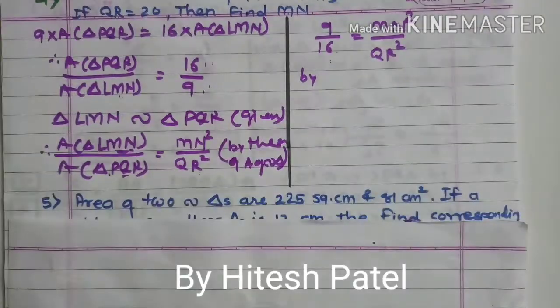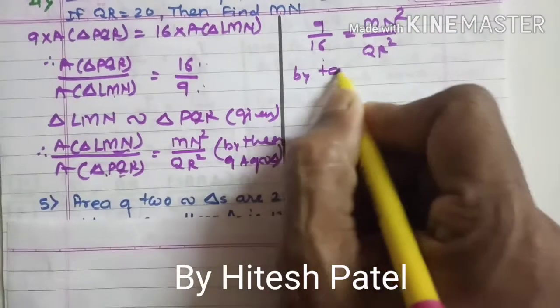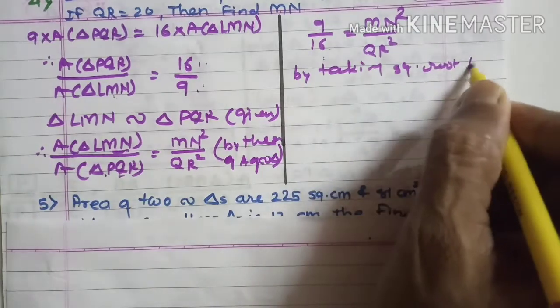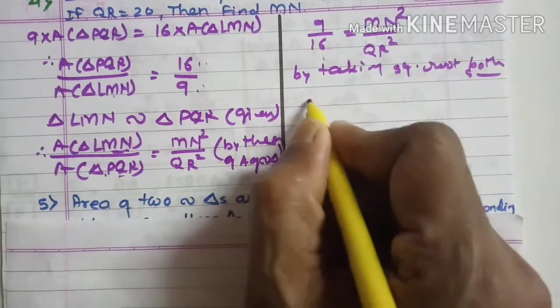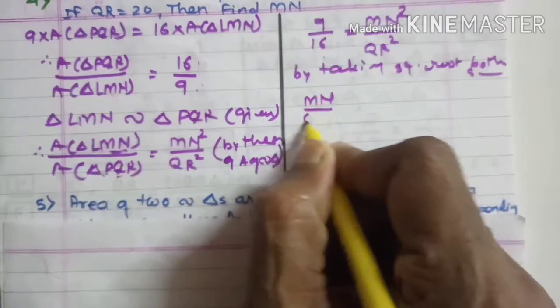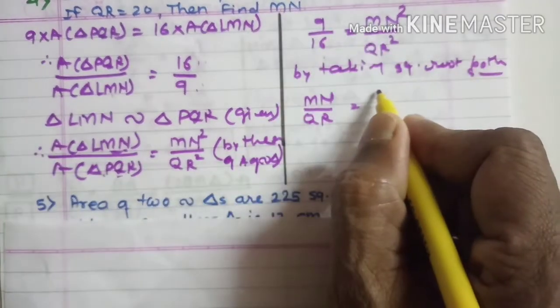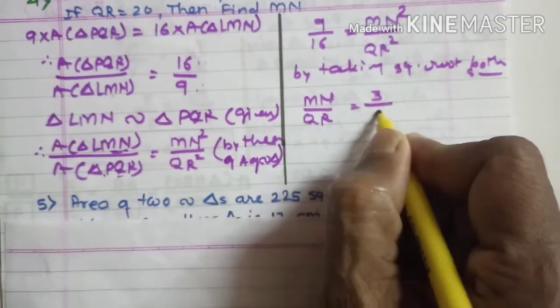Taking square root both sides, MN upon QR is equal to square root of 9 is 3 and square root of 16 is 4.